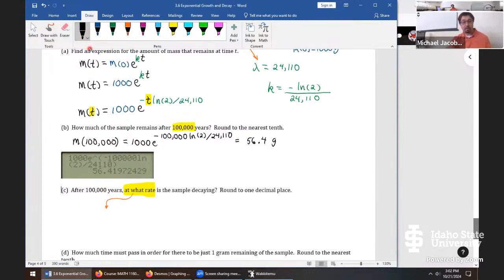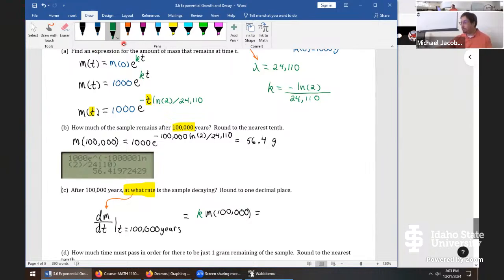This one's the derivative, but we already have a formula for that derivative. dm/dt, the rate of change of mass with respect to time, evaluated when t equals 100,000 years, takes a lot of space just to write out, is going to be equal to the relative decay rate k times the mass at 100,000 years, which is the value we just calculated.